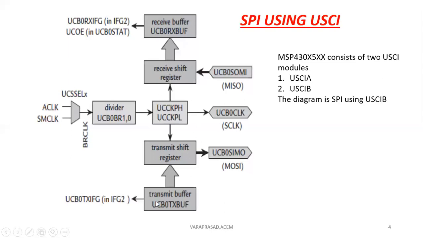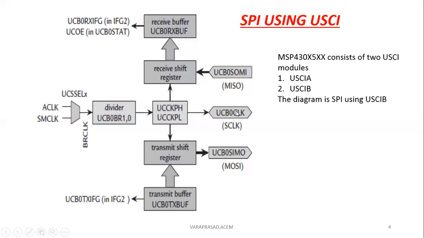One buffer is used as the transmit buffer, and another as the receiver buffer. In the previous case we had only one shift register, but here there are separate registers: one is the transmit shift register, another is the receiver shift register.